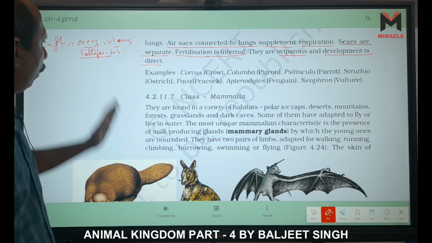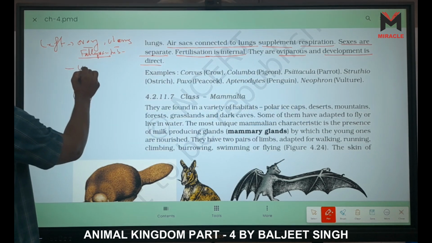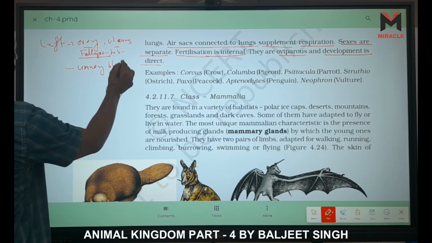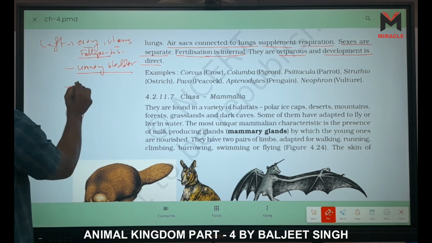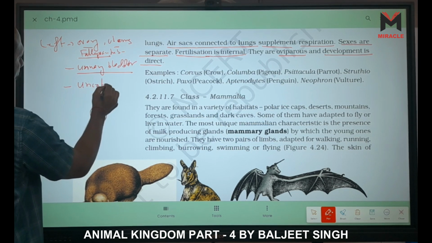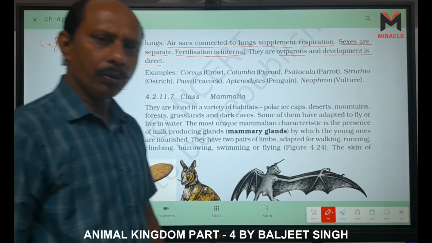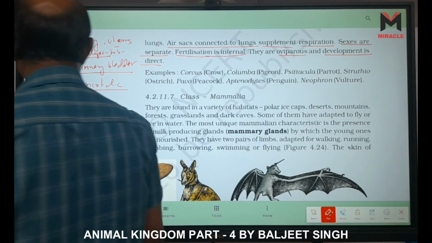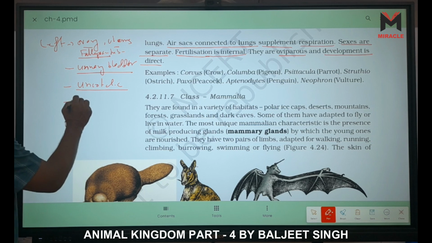Only one uterus and one fallopian tube is there. The urinary bladder is also absent. They are uricotelic, meaning they secrete uric acid. Reptiles are also uricotelic. They also release uric acid, right?